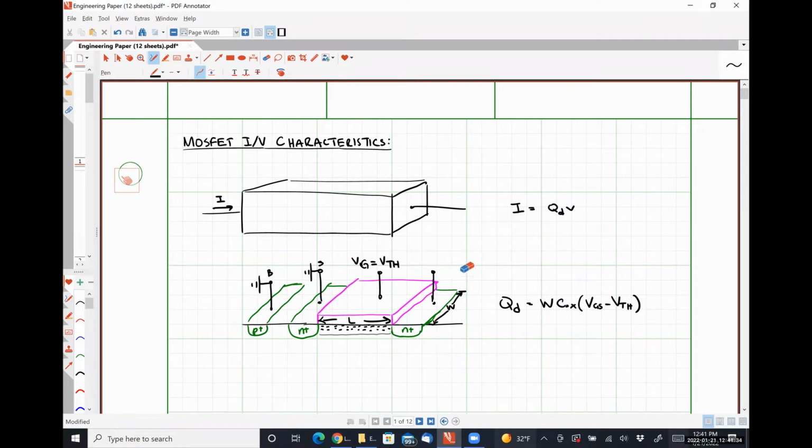So let's say VD is a little greater than 0, and let's also say that VGS, so we're going to use our source as a reference here because it's at ground, is greater than VTH. What do we think should happen to our charge distribution?